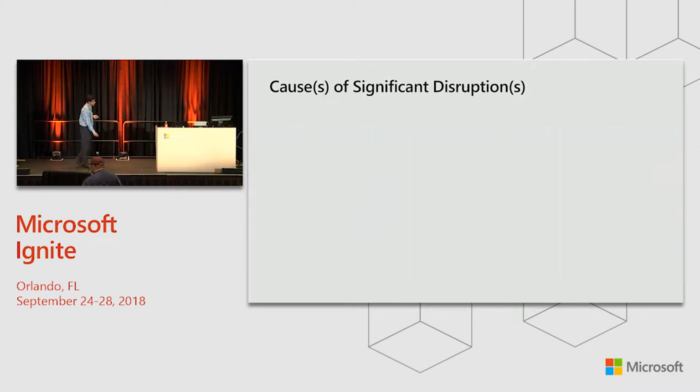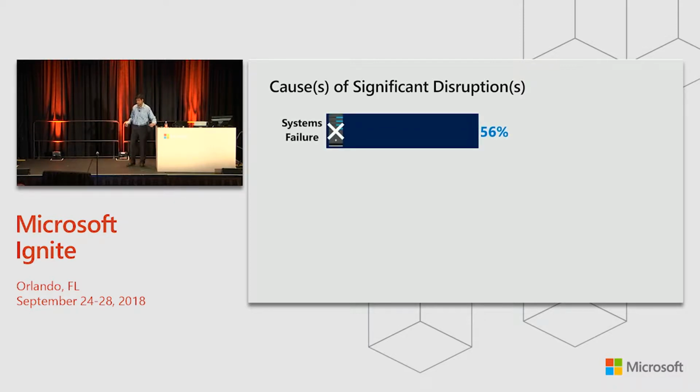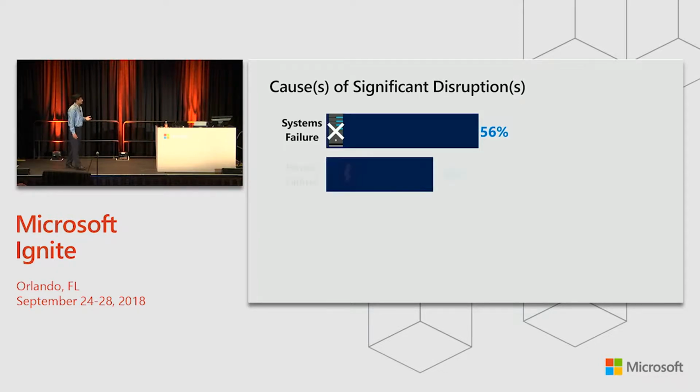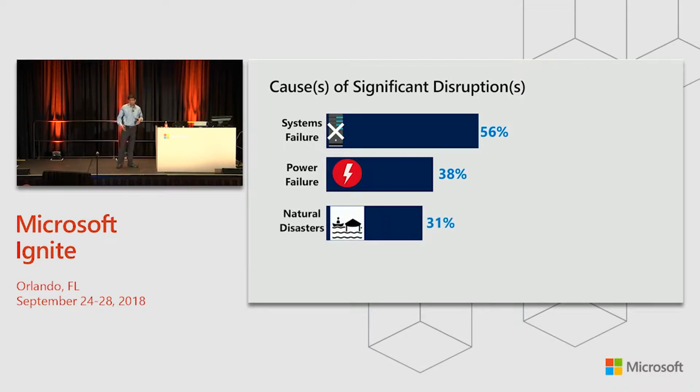Let's also look at what the causes of disruptions are. The most common ones, which still happen, are system failures. The machines which are hosting the application go down. The second one is power failures. Then comes the most common one we think of in terms of disaster: natural disasters like hurricanes, floods, and other aspects of it.